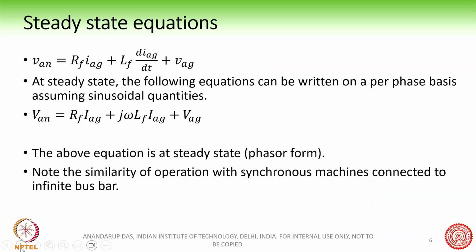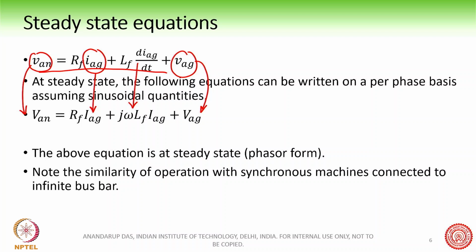At steady state, this differential equation will be written on a per phase basis, assuming sinusoidal quantities. So VAN, which was an instantaneous quantity, now becomes a phasor. RF IAG becomes RF times the IAG phasor, and L dIAG/dt becomes j omega LF times IAG, and of course VAG becomes the VAG phasor.